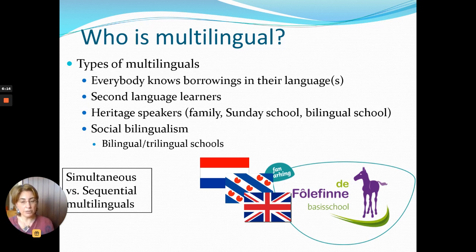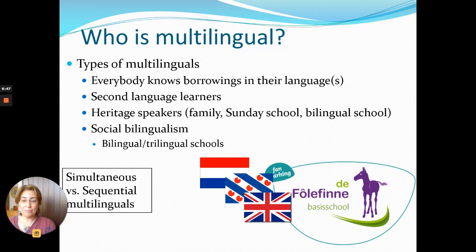And the promise to the parents was that if they enrolled their kid in these trilingual schools, they would be learning Dutch, obviously, because of being in the Netherlands, and they would be learning Frisian because Frisian was part of the educational system also, and crucially, they would be learning very good English. Actually, much better English than in monolingual Dutch schools.